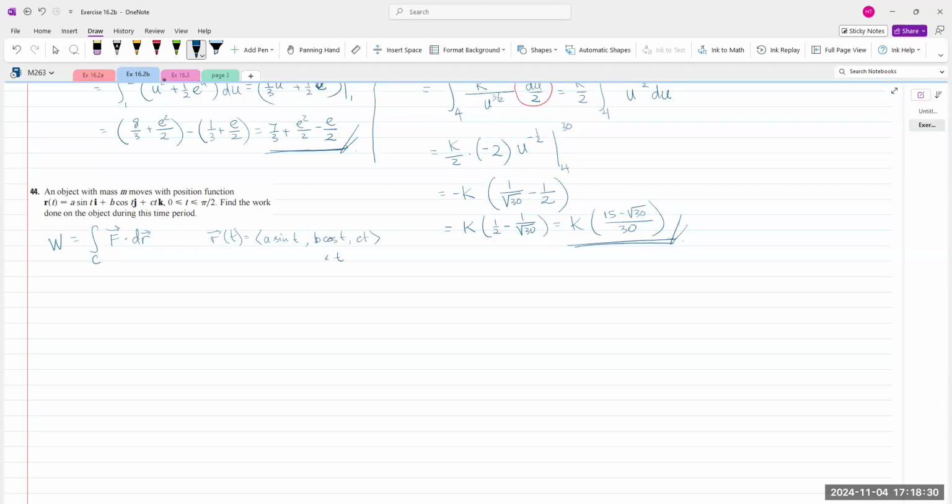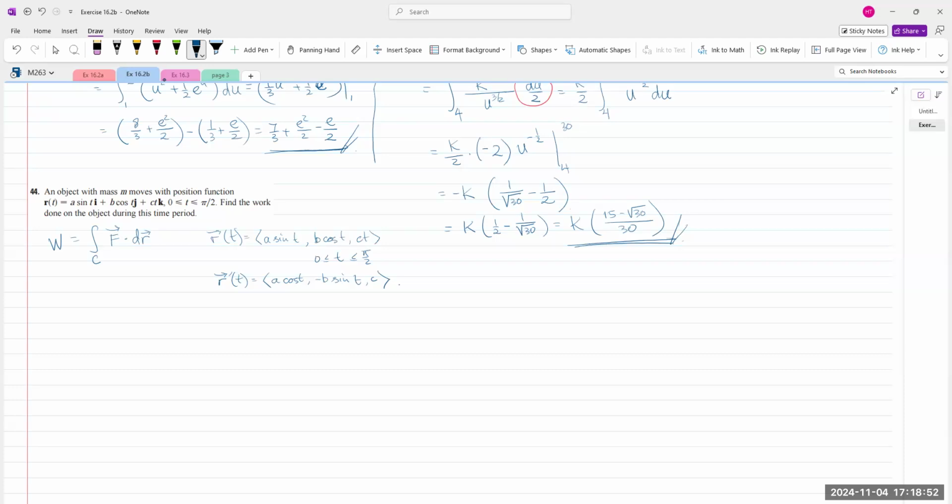The t is from 0 to pi over 2. So the r prime t, I think that one is on the easier side. It says a cosine t, negative b sine t, and c, right? That one is okay.